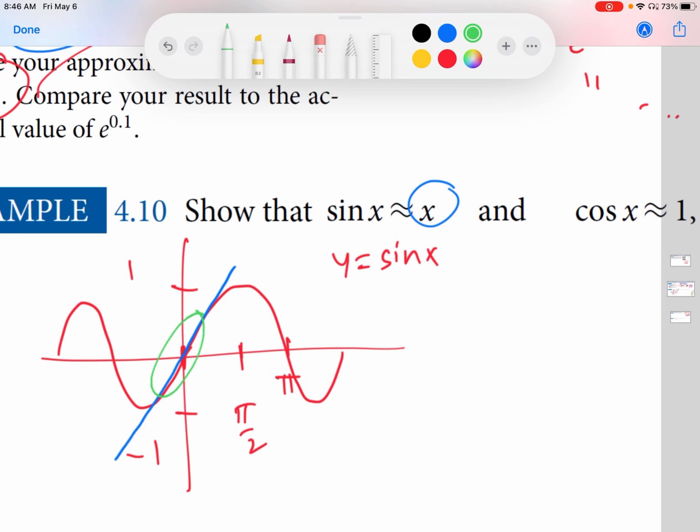Near x equals 0, we have very good agreement between the values of y equals x and the values of sine x. This gives us a way to approximate values of a function which is kind of hard to wrap your head around with a function that's very easy to wrap your head around. Whatever the x value is, it's the same y value, y equals x.